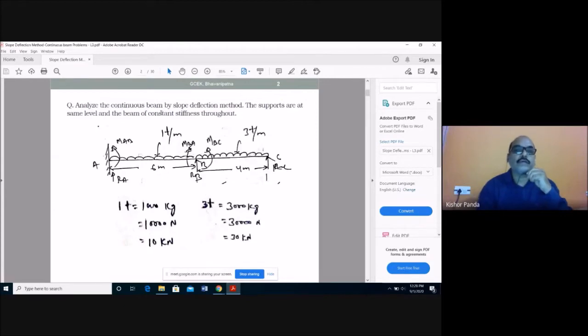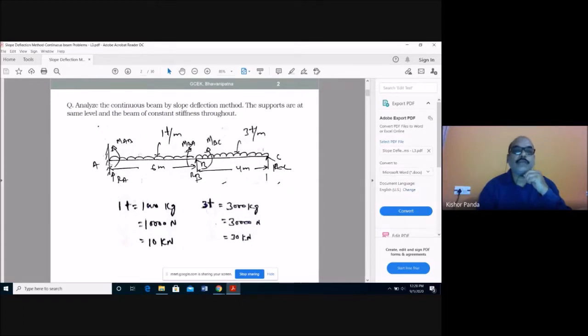You know that 1 ton is equal to 1000 kg, so this is equal to 10,000 Newton, which is 10 kilonewton. This is the conversion of ton to kilonewton. So 1 ton is equal to 10 kilonewton. Similarly, 3 ton is equal to 30 kilonewton.